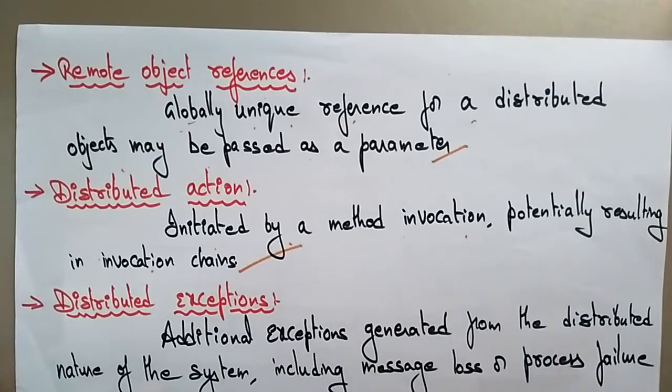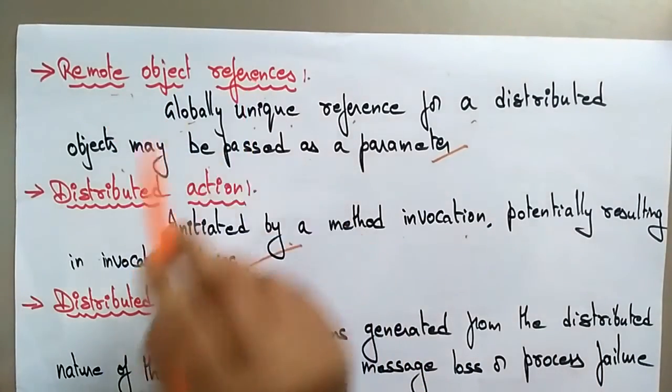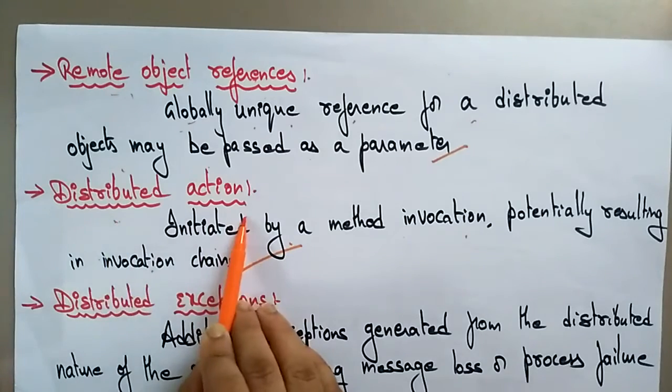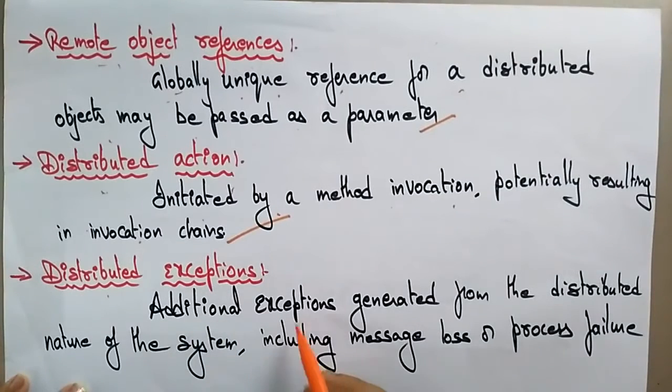What exactly can a distributed object do? It can act as a remote object reference, the operation can be a distributed action, or it can be a distributed exception: additional exceptions generated from the distributed nature of the system, including message loss or process failure.